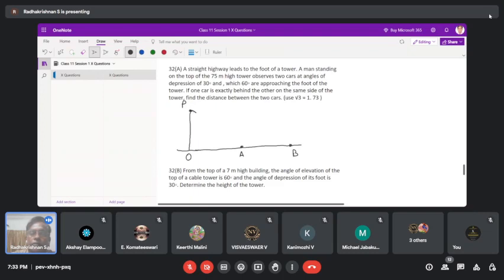So what is the angle of depression? I'll change these points to B and A respectively.